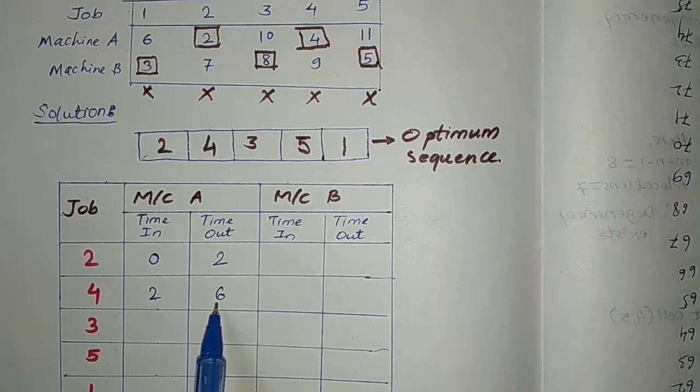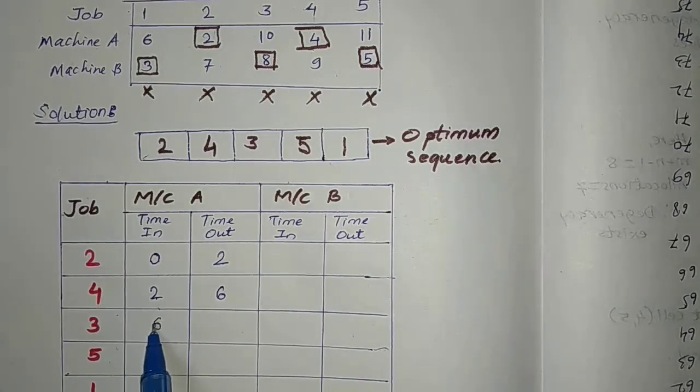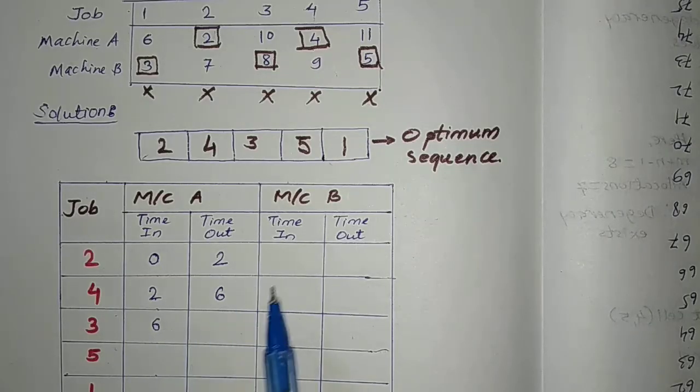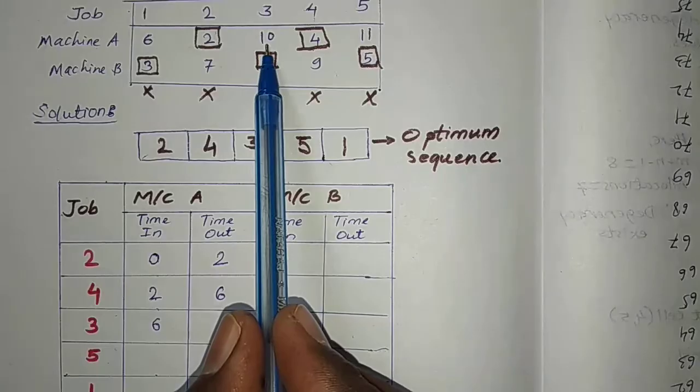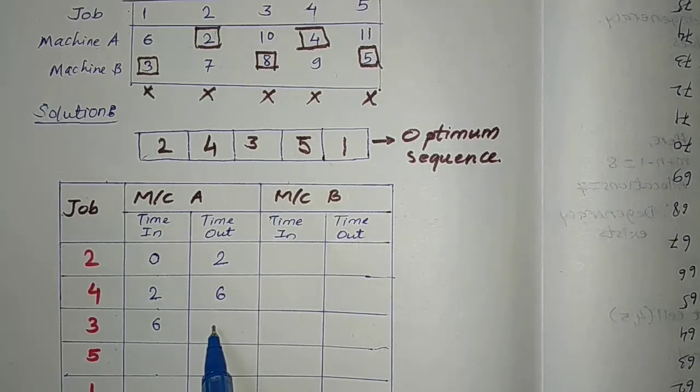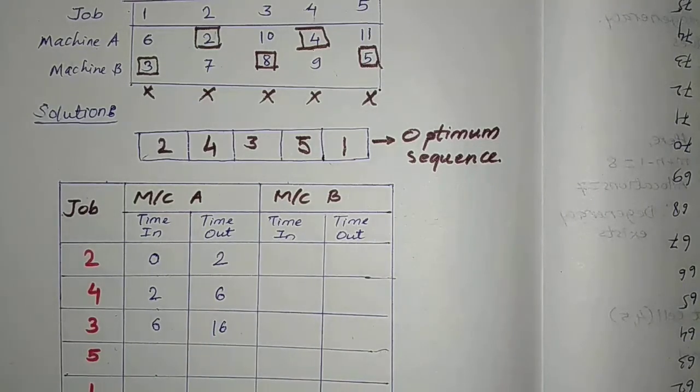Now similarly, the finishing time of job number 4 will be the start time for job number 3 on machine A, right? So this is the in time for job number 3 on machine A. Now job number 3 will take 10 hours to get processed on machine A. So therefore 6 plus 10, that is 16.